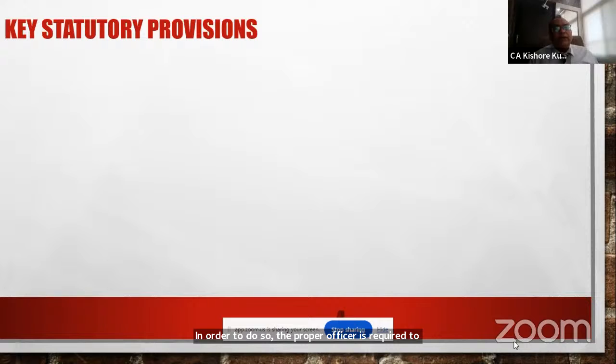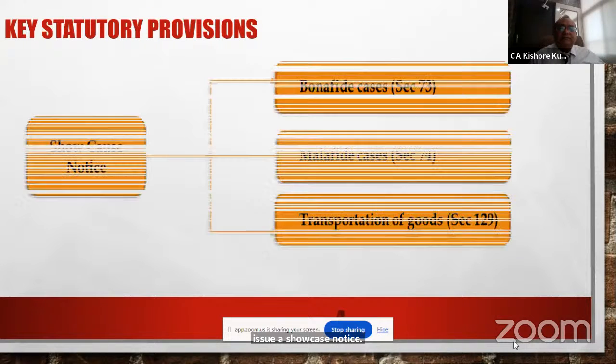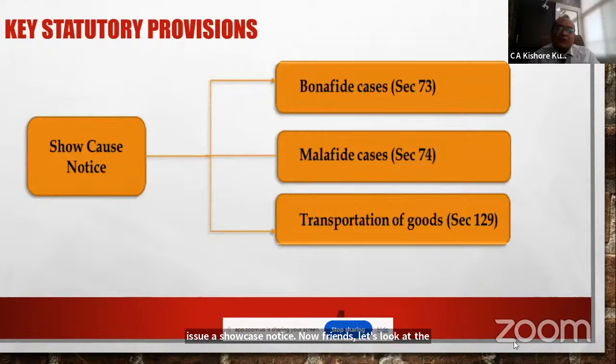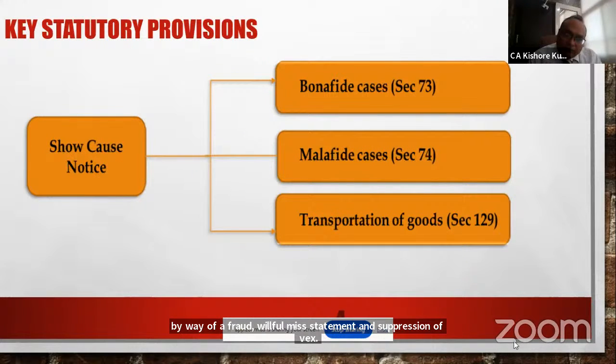Now, friends, let's look at the various sections under which a show cause notice can be issued. Largely there are three sections. First is section 73. Section 73 covers the defaults which are otherwise not done by way of fraud, willful misstatement, and suppression of facts. However, for the sake of simplicity, let's call them bona fide cases.